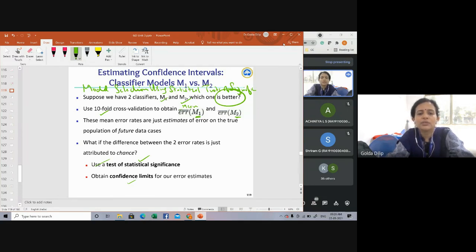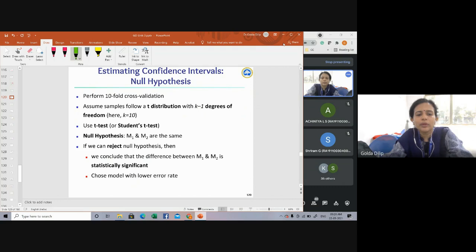That is to check whether the difference between the two error rates is just attributed to chance, or whether it is statistically significant.